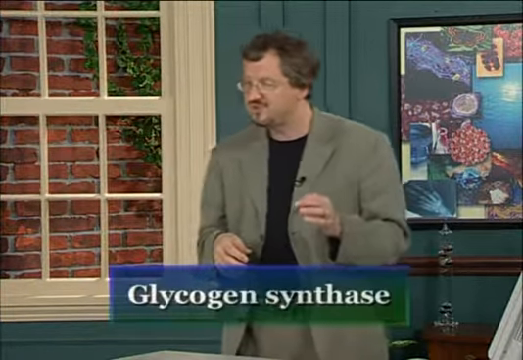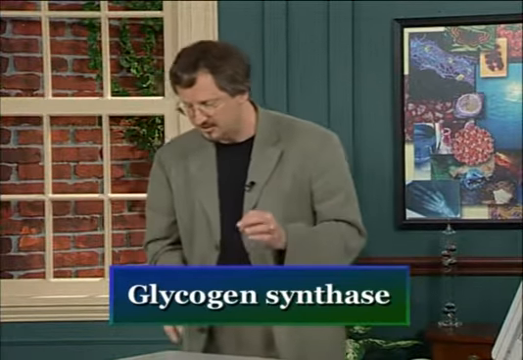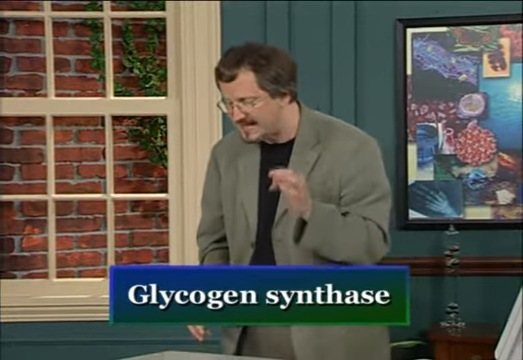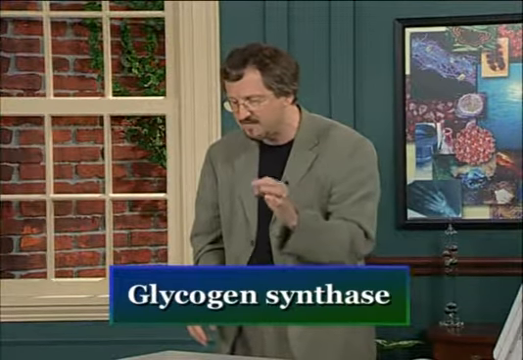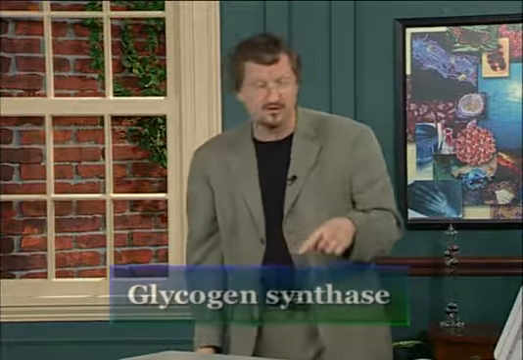For example, one of the early steps in the phosphorylation cascade that starts with cyclic AMP causes another enzyme called glycogen synthase not to be turned on, but instead to be turned off. The same step that leads to the activation of that protein kinase A at the beginning of the pathway that eventually turns on the glycogen phosphorylase will itself turn off glycogen synthase.